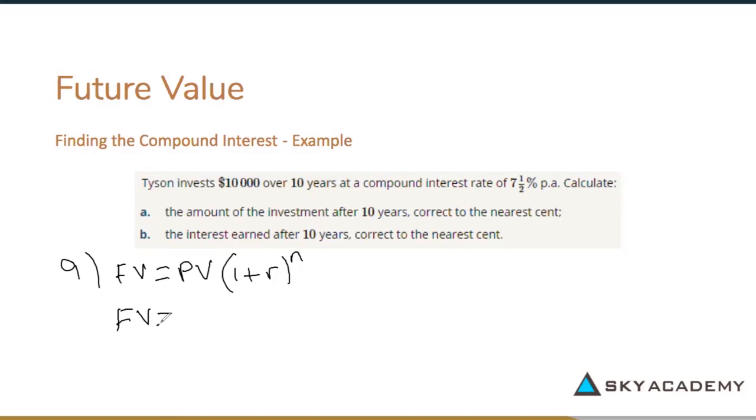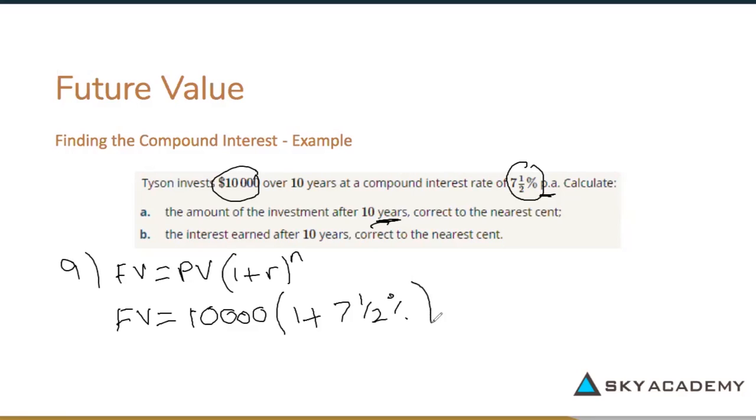So we don't know that. We have to calculate that. And we know that he invests $10,000. So that will be our present value. That's how much he has at the present time to invest. 1 plus our rate is 7.5% per annum in years, and this investment is in 10 years, so we don't have to change anything. 7.5% for 10 years.